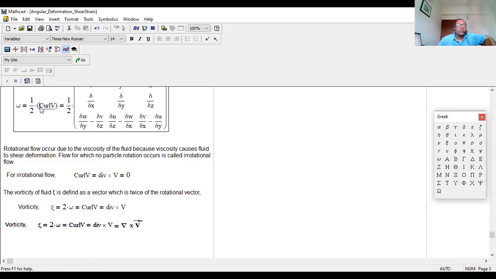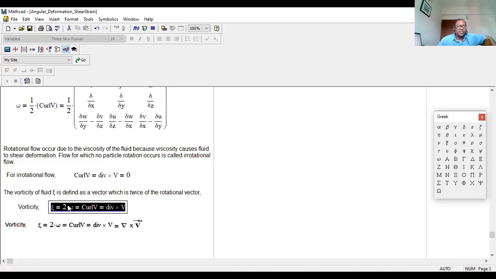That means curl of V equal to 2 into angular velocity, 2 into omega. This 2 into omega is called the vorticity of the fluid. If this vorticity is 0, then there is no angular deformation, no rotation of the fluid. And if the vorticity is not 0, that means there will be some rotation in the fluid element. There will be some vortex. So vorticity zeta equal to 2 into omega.